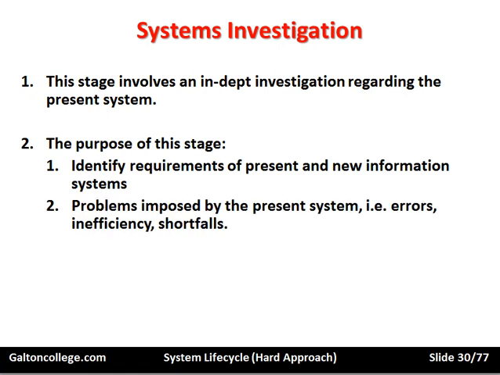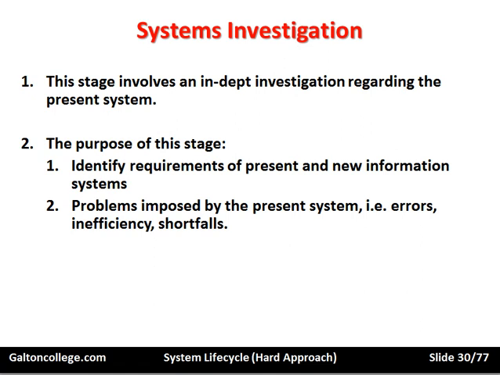Problems imposed by the present system, for example, errors, inefficiencies and shortfalls, these should be noted. What are the problems of the existing system? Because the new system should clear up these problems. That's the whole idea.